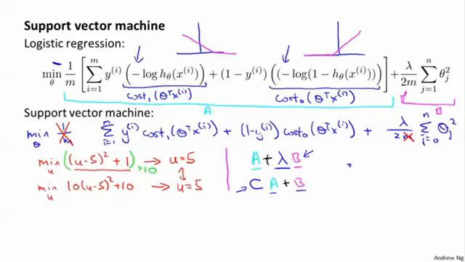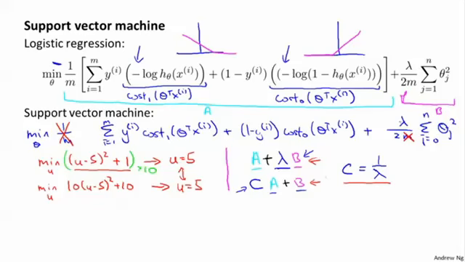You can think of C as playing a role similar to 1 over lambda. It's not that the two expressions are equal if C equals 1 over lambda, but rather that if C is equal to 1 over lambda, then these two optimization objectives should give you the same optimal value for theta.